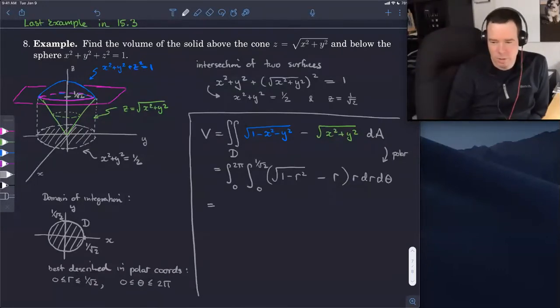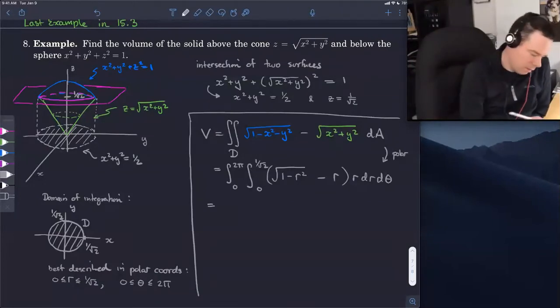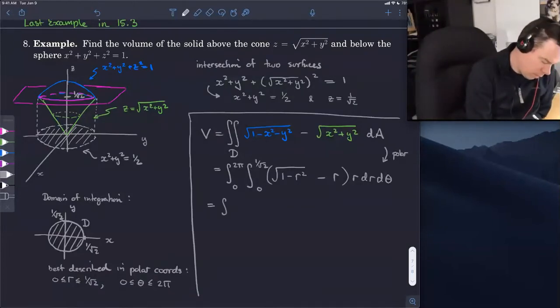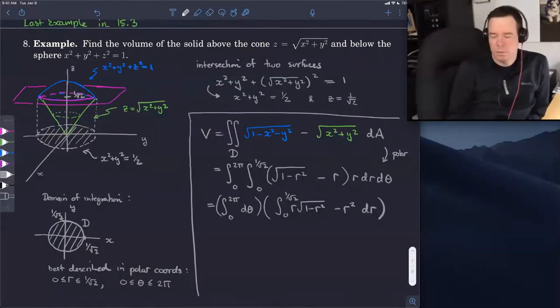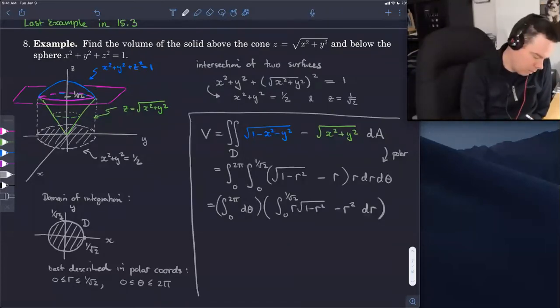Because we're integrating over a polar rectangle and our integrand doesn't depend on theta, we can split this up into the product of the theta integral and the r integral: 0 to 1 over root 2, the square root of 1 minus r squared with an r out front, and then minus an r squared, dr. So now we're in the realm of just having to compute two integrals from calculus 2.